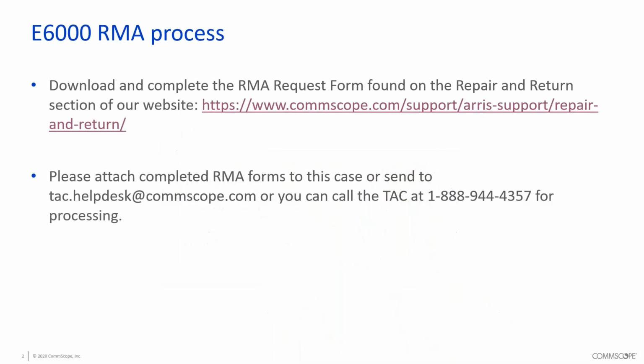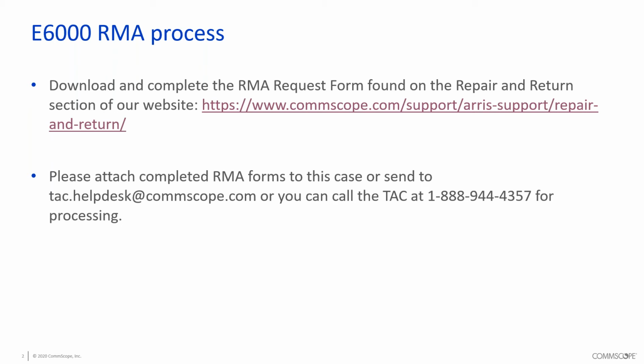If you suspect that you have a card within the E6000 chassis that needs replacement, and you've already talked to our tech support organization, they're going to direct you to our website to download the RMA form. There is a form that you can start to fill out, and we're going to go through that form and look at where you can get that information.